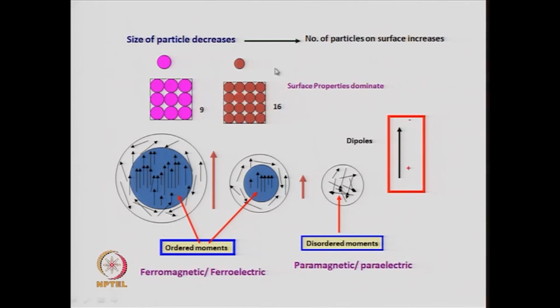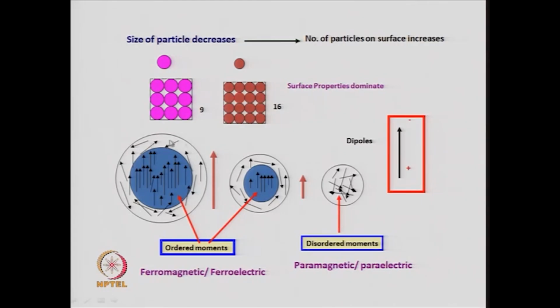So, in the dielectric materials also the number of particles on the surface will increase as the size of the particle decreases, and hence the surface properties will dominate. The other very important property, especially in any material with moments like dipole moment or magnetic moment, is important in nanostructured materials.